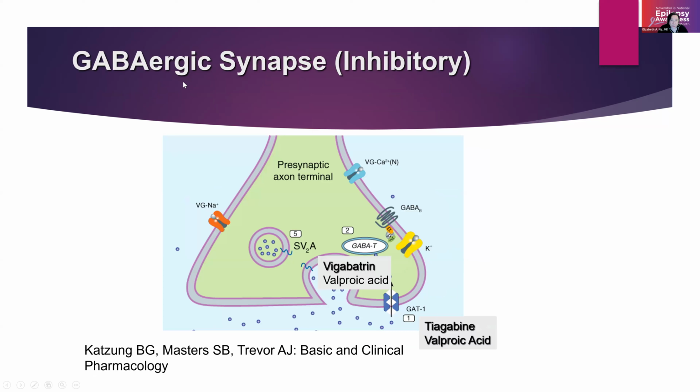So at the GABAergic or inhibitory synapse, we have receptors, namely GABA T and GAT1, that are involved with GABA transmission or inhibition. And these are the medications here that work at the GABA T to increase GABA and therefore increase inhibition to stop seizures. And these are the medications that work at GAT1 to increase GABA transmission and therefore increase inhibition and stop seizures.